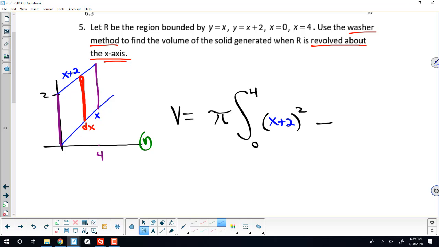Same thing with the outer radius: it's x plus 2 minus 0, because it is this distance, from here to our axis of revolution. So in general terms, it's always top minus bottom. Our outer radius is top minus bottom. Our inner radius is also top minus bottom.